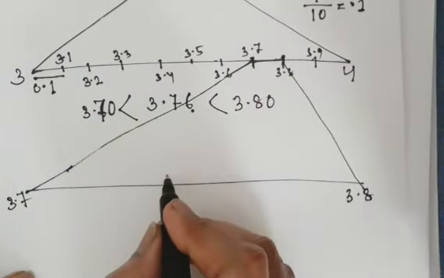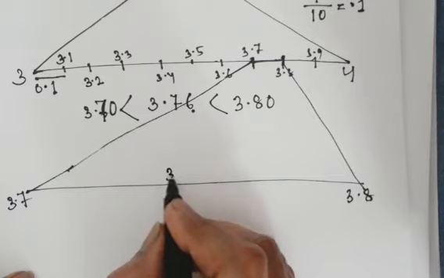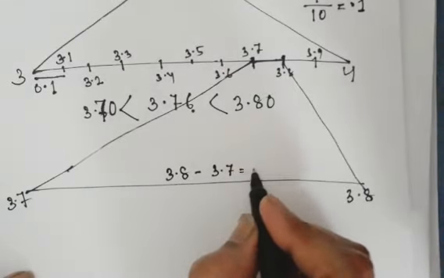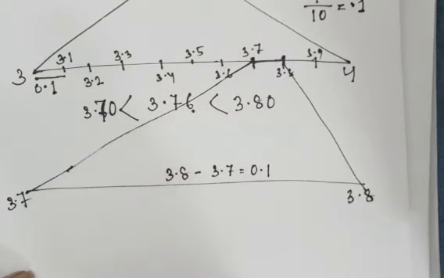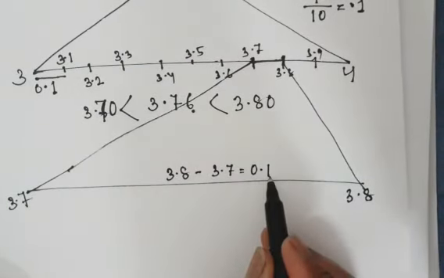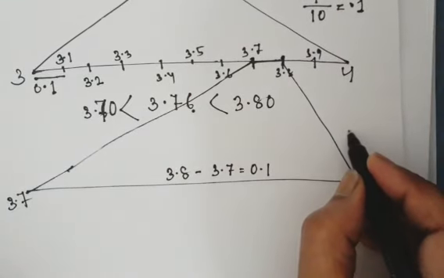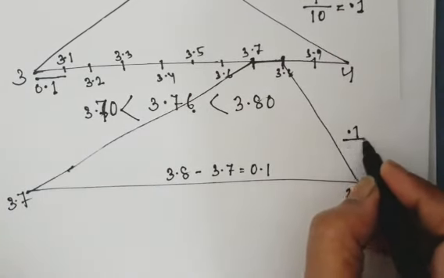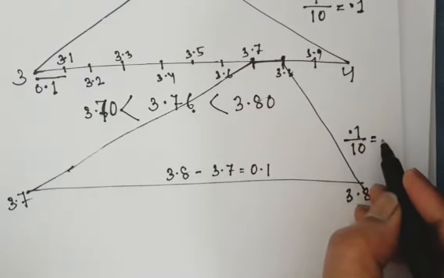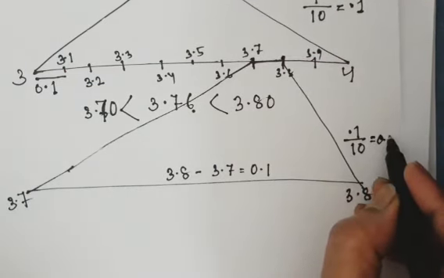That is 3.8 minus 3.7, that is 0.1. Now if this length of 0.1 is divided into 10 equal parts, each part is 0.01.